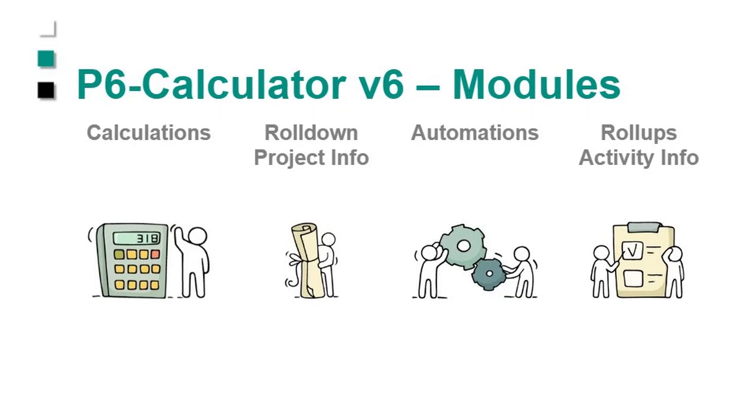And if you've ever done user-defined fields, you know that they don't auto roll up or down. So Calculator has that inside of it, and I will show you some of that in this webinar. It's automated, or it can be manually invoked. Okay, so we can run calculator functions either of the two ways. And some things make sense to automate, and some things make sense to let the user say, I'm ready to run it. Okay, and I'm going to show you the ready to run it strategy in this webinar.